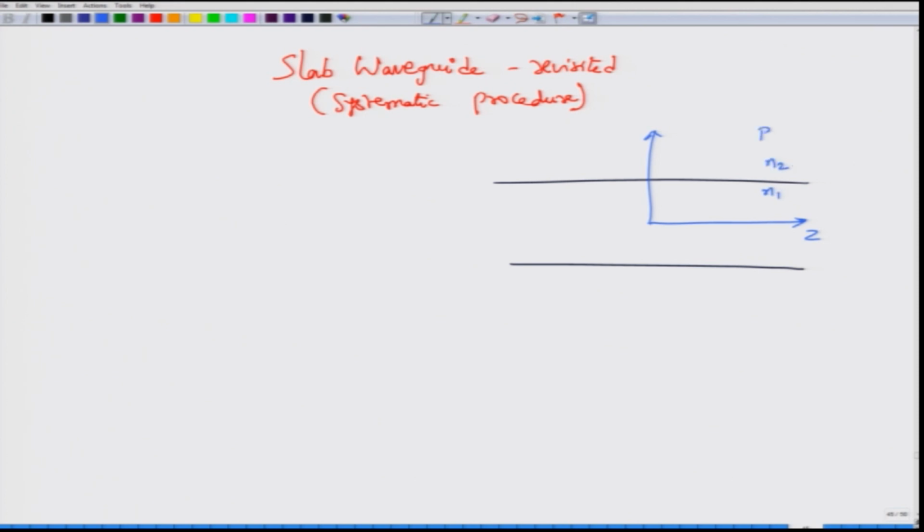We are going to assume a perfect dielectric in the second medium as well as in the first medium, so that we do not really need to consider the losses. So, I have n1 here and n2 here, and this plane will be at x equals minus h by 2 and this would be x equals plus h by 2.